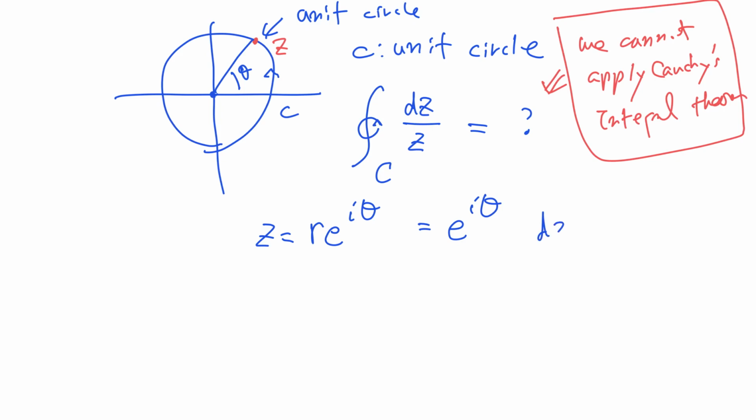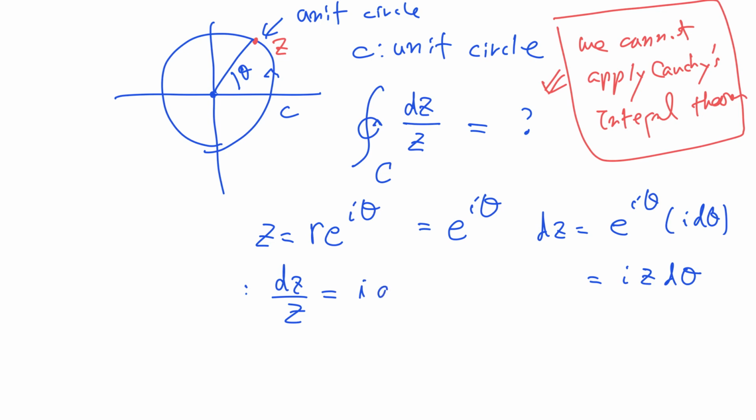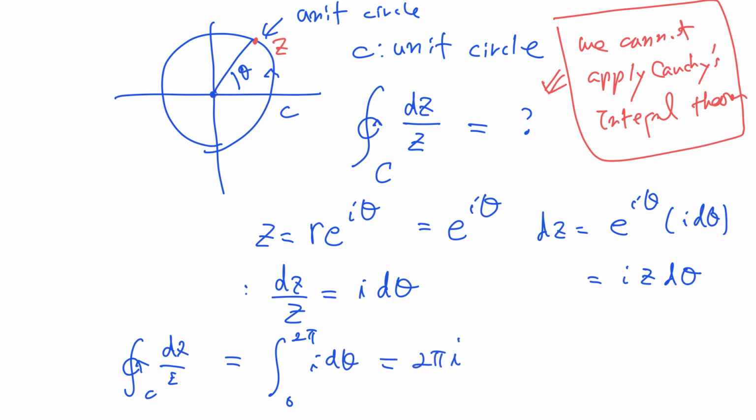So dz is actually exponential i theta, i d theta, which is i z d theta. So dz over z is i d theta. So this integral of dz over z can be transformed into this theta integral, i d theta, giving 2 pi i. Very simple, right?